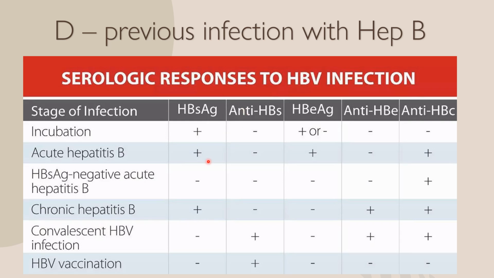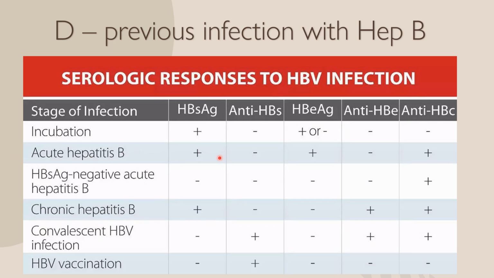You can have surface antigen, but the body has not started producing its immune mechanism. It has not started producing antibodies against HBs. So you can have hepatitis B surface antigen, and E antigen can be plus or minus depending on the degree of infectivity or spread that the patient potentially has.